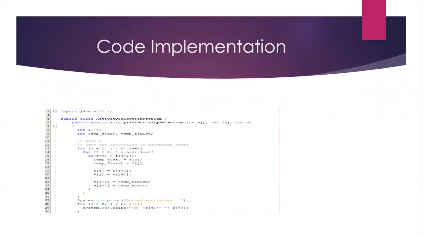Here I am going to the function. Here, as step 1, we have to sort the activities in ascending order. In step 1, I have sorted the activities in ascending order. Here we can use any kind of sort like merge sort, heap sort, quick sort.